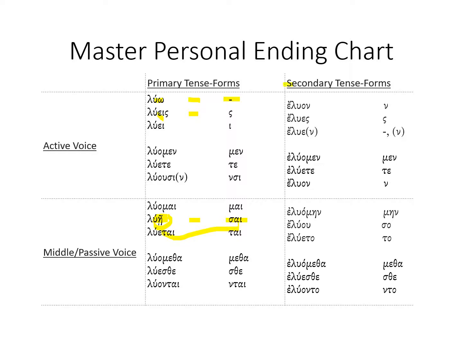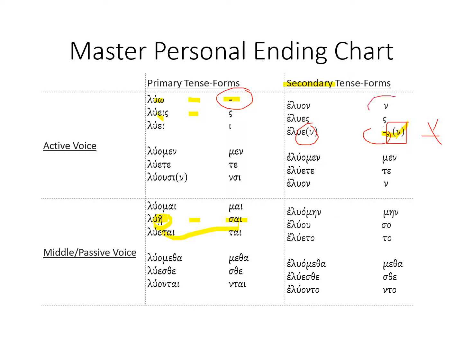Over in the secondary endings then, no ending, so the same principle that takes place here takes place here. We just remember that this nu might need to be added if, yes, the next word begins with a vowel, so that we can separate this vowel, whatever it would be, from this epsilon. We include a nu.